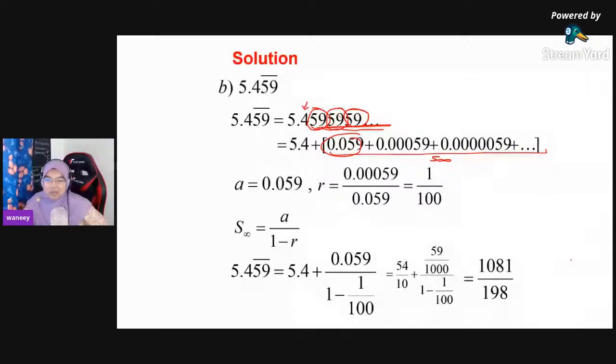I think there is a mistake when simplifying. Can you see where the mistake is? Do you know where the mistake is? I think mostly it is here when simplifying, so be careful when you simplify them.